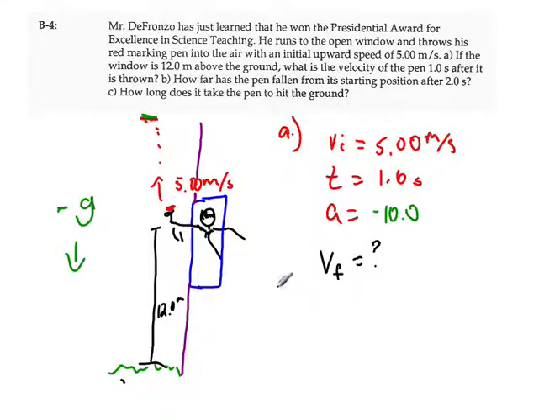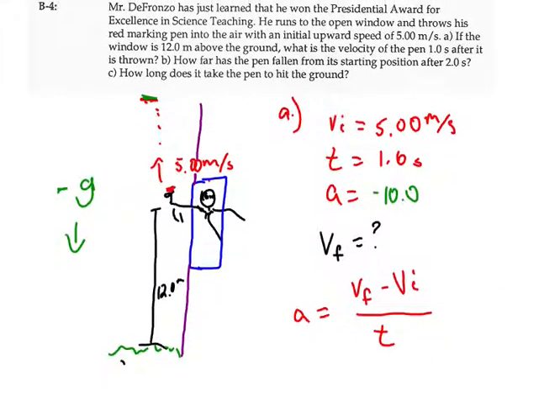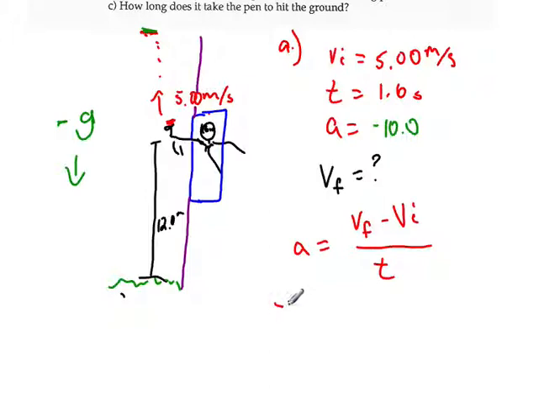So the equation I could use is one with acceleration, time, VI and VF. What if we use this? Acceleration equals VF minus VI over T. Let's plug in here. Acceleration is negative 10.